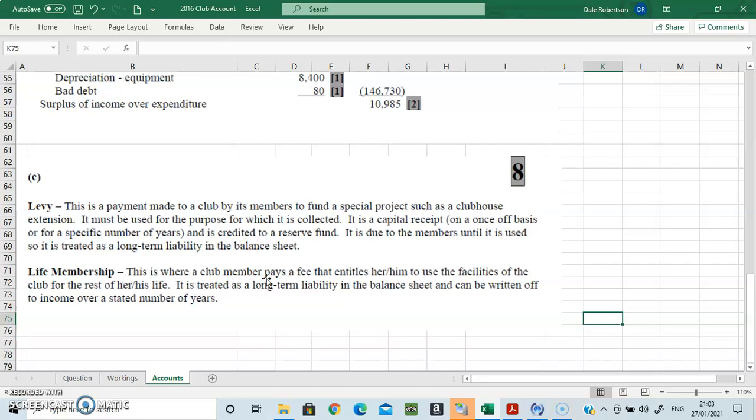Whereas life membership is a fee that entitles a member to use the facilities for the rest of their life. It's also treated as a long-term liability in the balance sheet, and it can be written down to income over a stated number of years, 10 years for example, in this question. That's our 2016 club accounts 60-mark question.